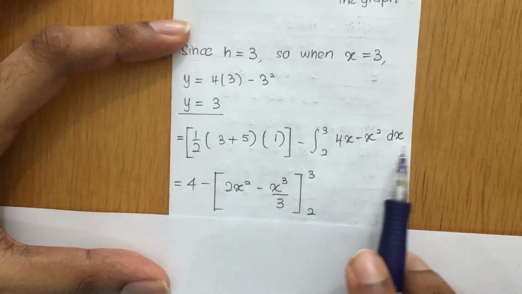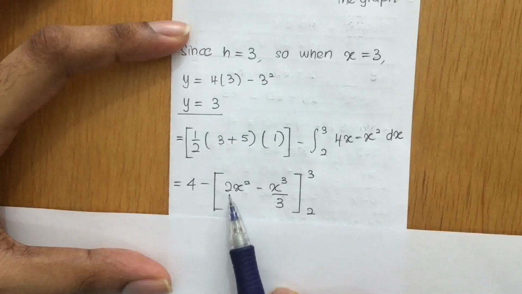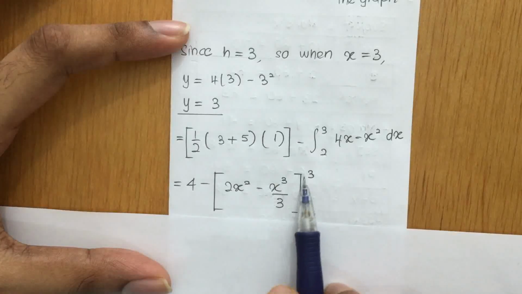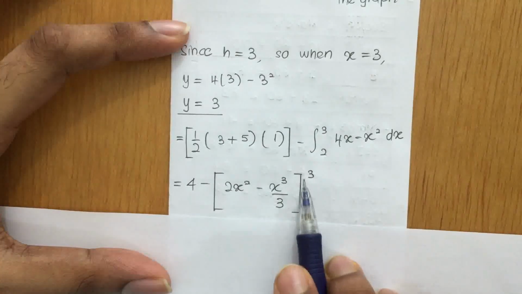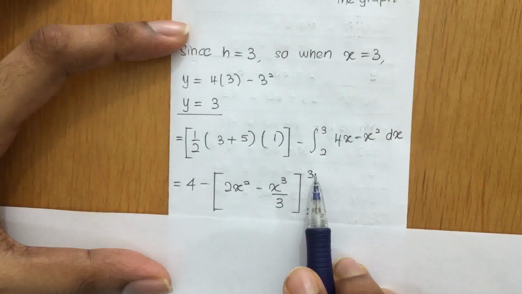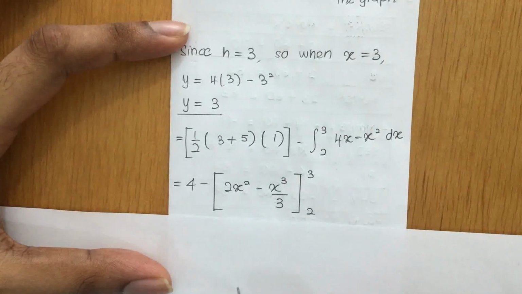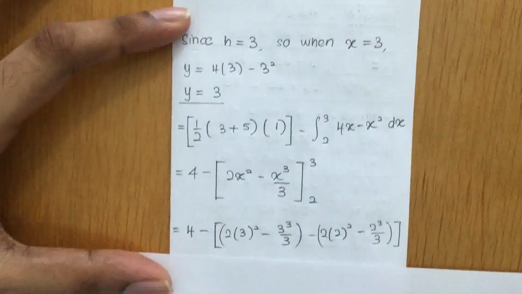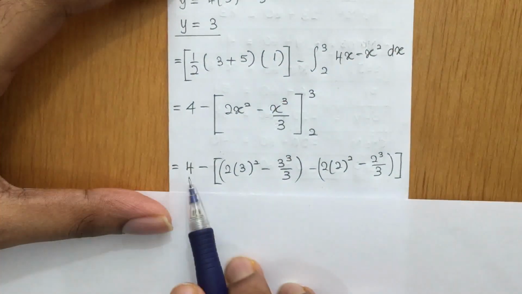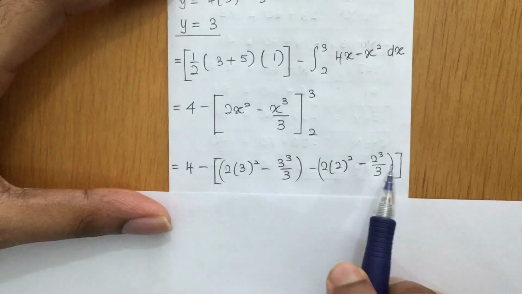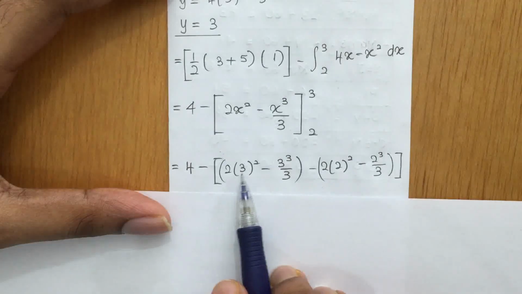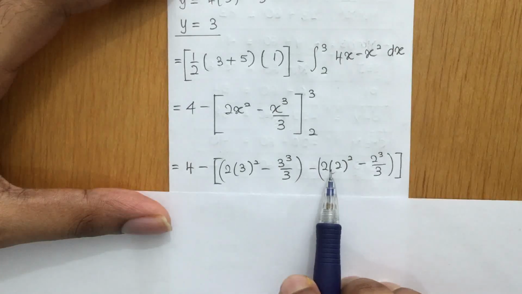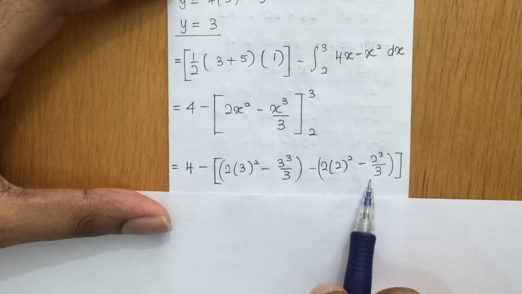You perform the integration, and you get 2x squared minus x cubed over 3, with upper limit 3 and lower limit 2. You substitute these two values respectively and show the separate calculations. 4 minus, in a big square bracket, 2 times 3 squared minus 3 cubed over 3, minus 2 times 2 squared minus 2 cubed over 3.